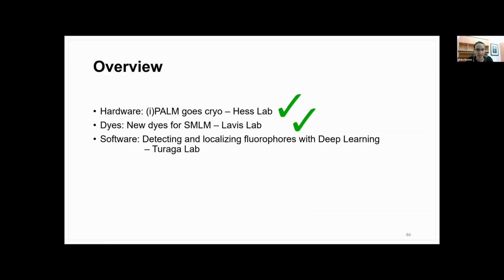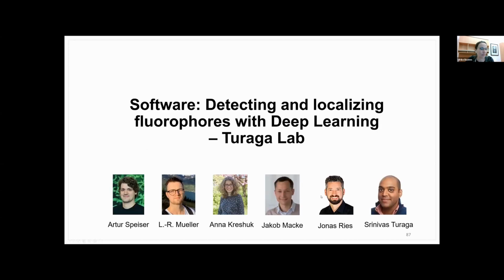Okay, then just the very last aspect. And that's not the hardware part or the dye part, but this time the software part, which also has been pushed here on campus quite heavily, in particular in the lab of Srini Turaga. So combined with different groups at the EMBL, he was able to solve an issue which was also mentioned at the beginning about the Sigma.